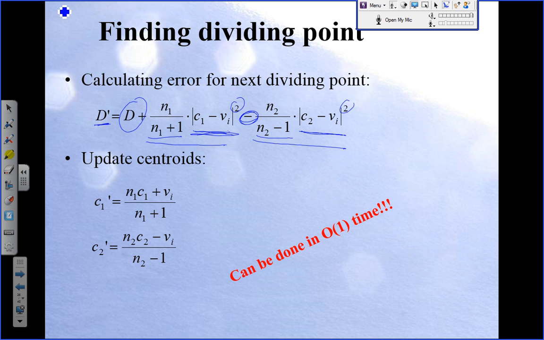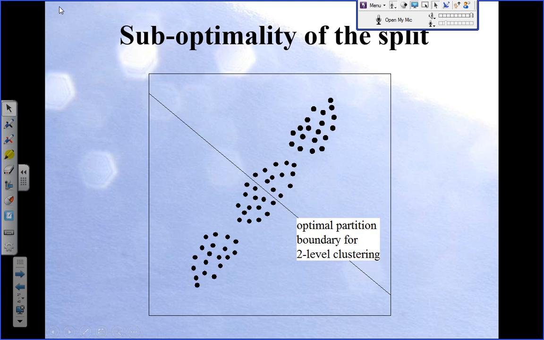And then updating the centroid is also the same. We just take the weighted average of the previous centroid, adding the new point, weighted by the size of the cluster and divided by the new size. So pretty trivial to calculate and fast. Okay, so far so good.